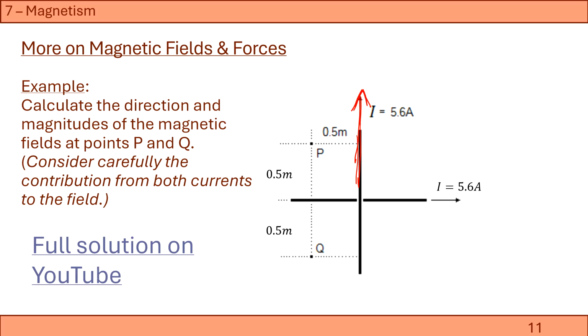It's going to generate a magnetic field like this, which goes around. And then you have a horizontal current, which I'll do in blue. It's going to generate its own magnetic field, which goes around like this. And we're going to see how they connect together at these specific points P and Q. So look through that problem for specifics.